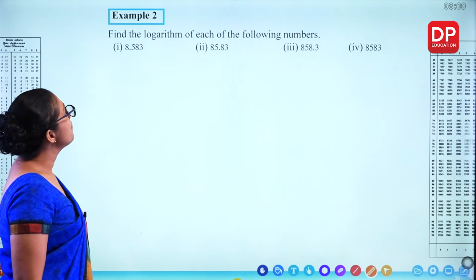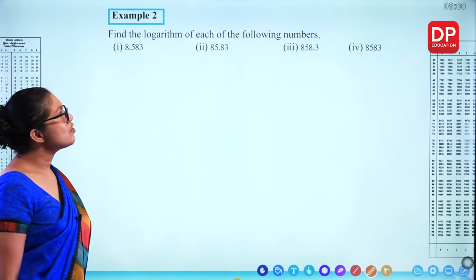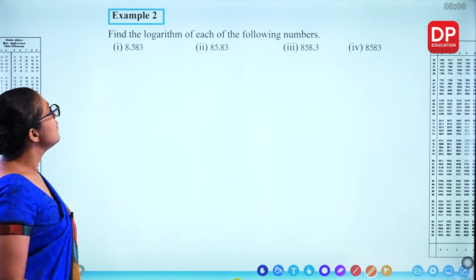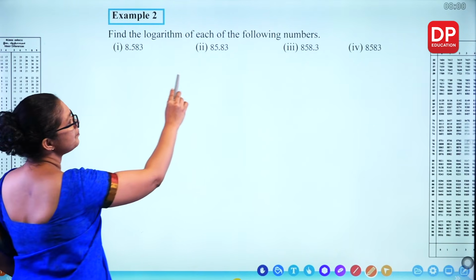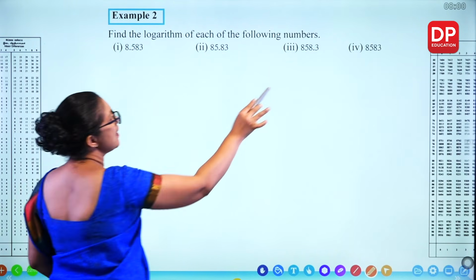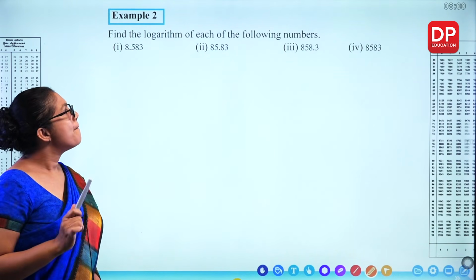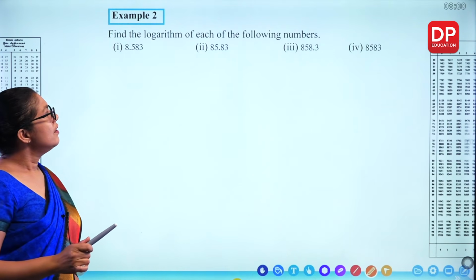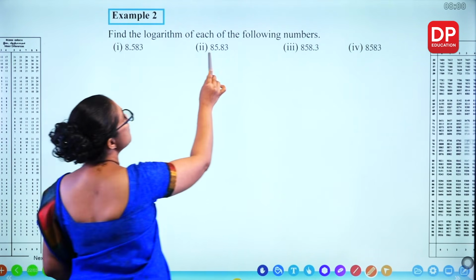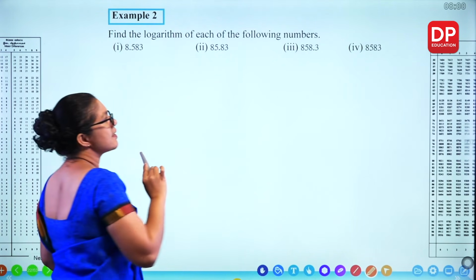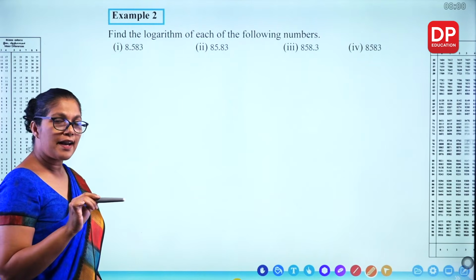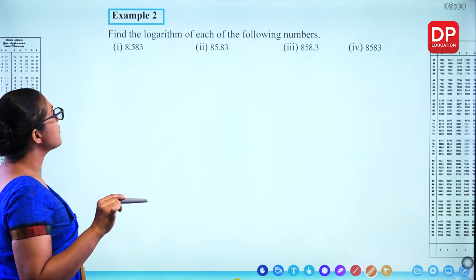Example number 2. Find the logarithm of each of the following numbers. These numbers are the same thing, so you get the same mantissa value. Only difference is the characteristic. So first we'll look at the characteristic. How do we get the characteristic?